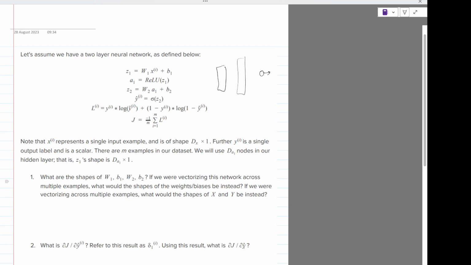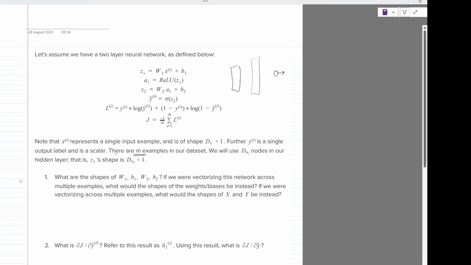The total number of samples in our dataset is m. There are dA1 nodes in our hidden layer. So here there are dA1 nodes, here there are dx nodes. So Z1's shape is dA1 into 1.